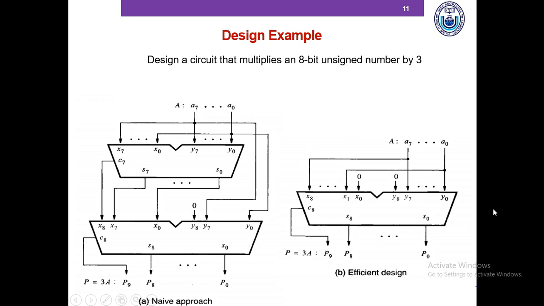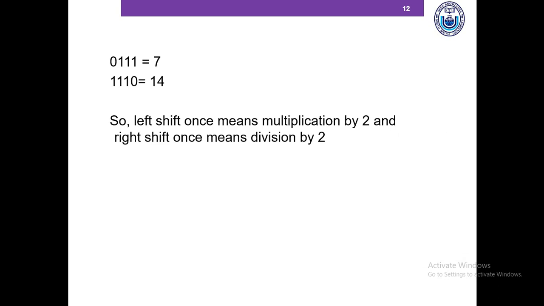So we can also design this using one ripple carry adder instead of two, and thereby reducing the cost by a lot. What I've done here is that I have shifted the bits of one of the numbers. Let's say we have the number 0111, a 4-bit number, which is 7.